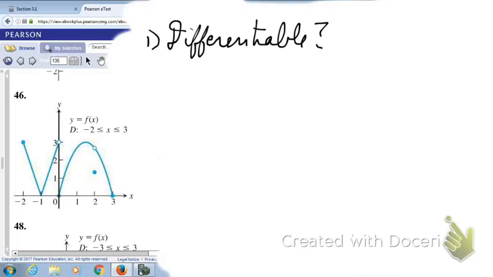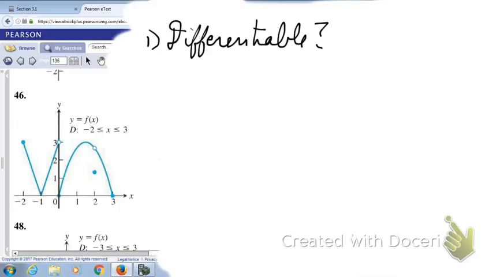Where is this function differentiable? Zero. That's where it's not differentiable. Why is it not differentiable at 0? Discontinuity. Where else? -2, -1.